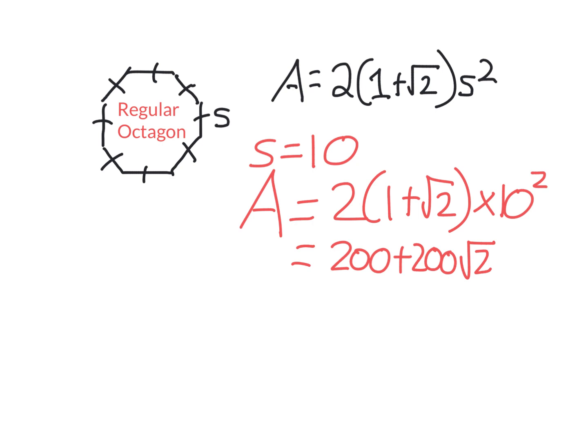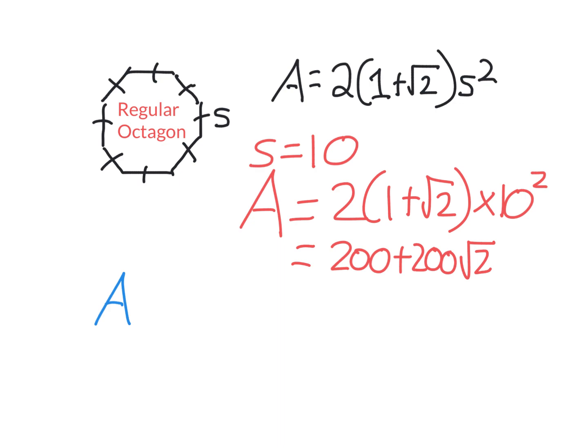So of course we could also find the side length if we knew the area. What I'm going to do to show that, we're going to rearrange this formula and make s the subject. It may look very difficult, but it's actually really easy. See, this is where a lot of people get mixed up with irrational numbers. 2 outside of 1 plus root 2 is actually just a number. So it's probably about 4.83 or something, but it's just a number.